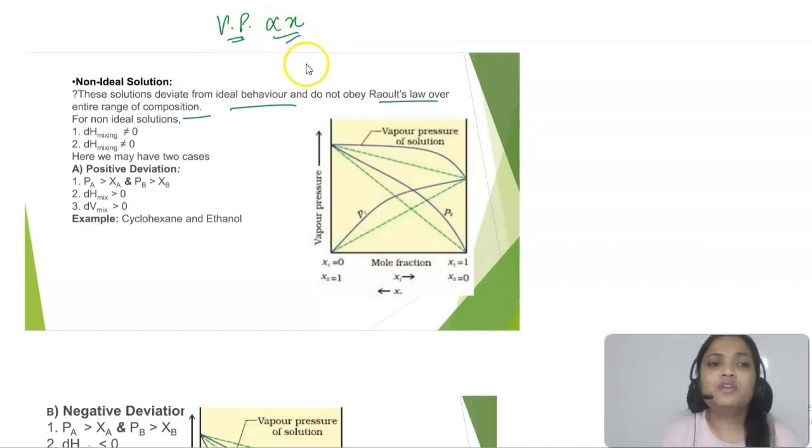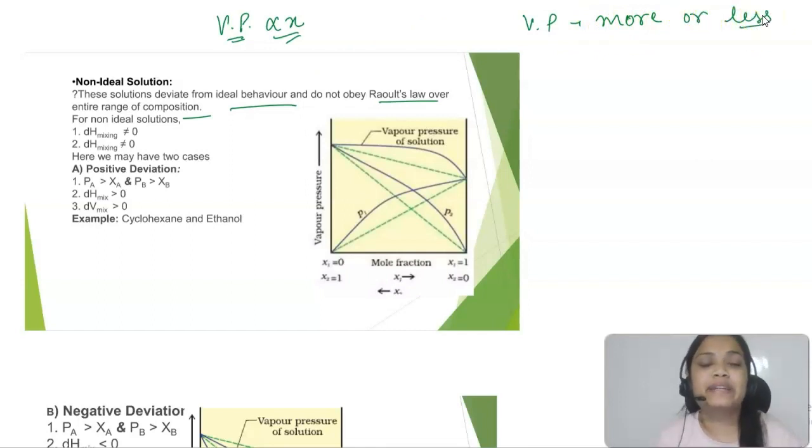In this case, the vapor pressure will not be exactly what is predicted by the Raoult's law equation, but it would be more or less than that.